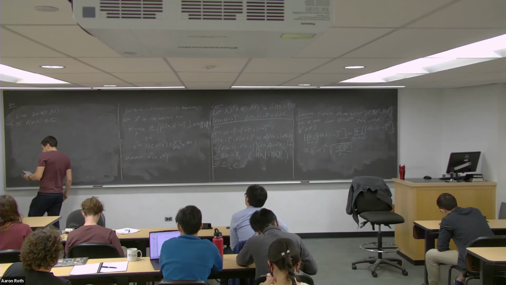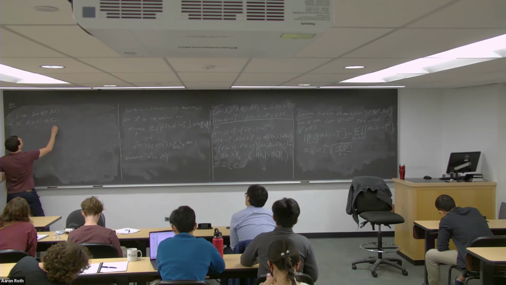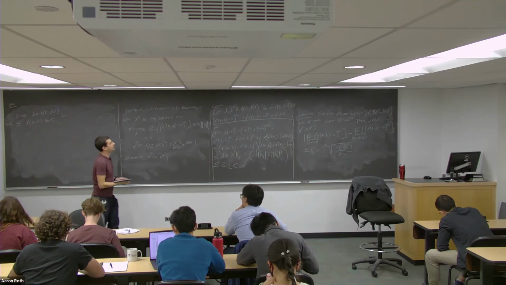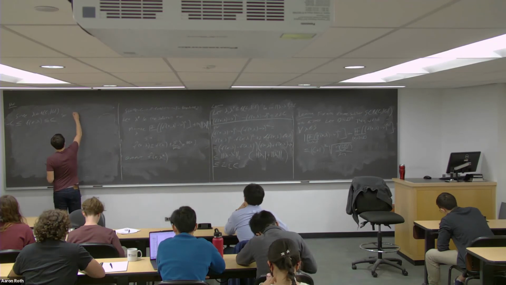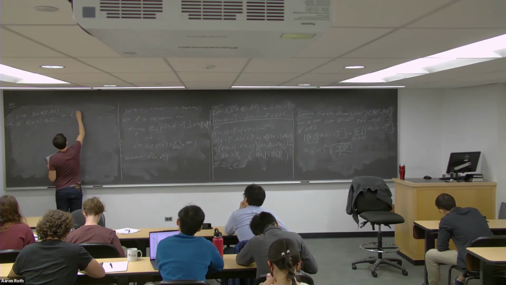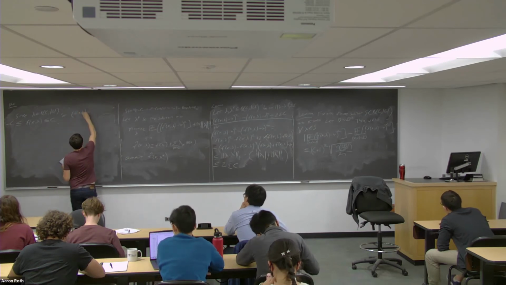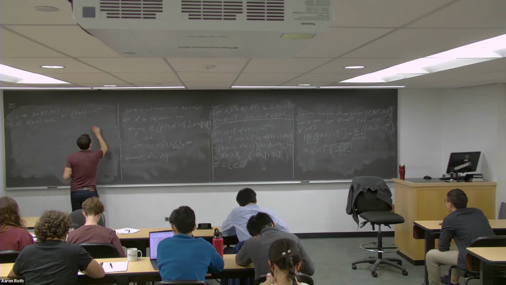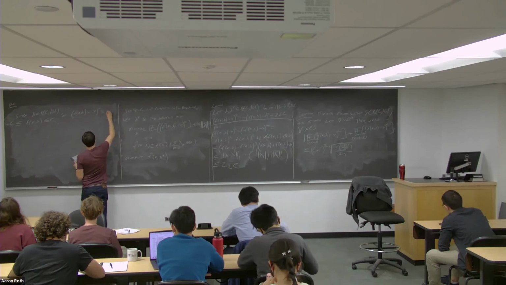So in particular, if I look at the thing that I want concentration over, which is the squared error, for any point x and y, the difference between my prediction, which is a number between minus c and c, and my label, this is at most c plus 1 squared.